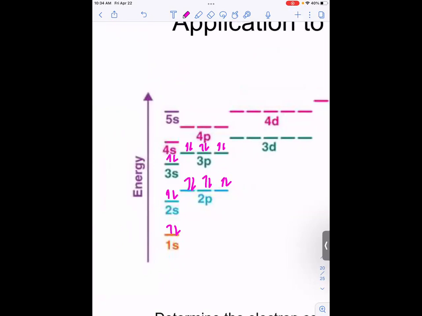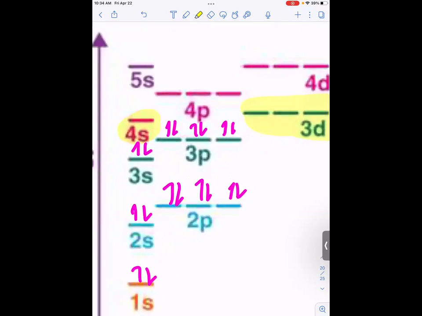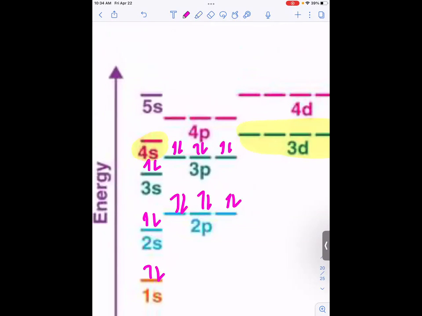And then now here's the trick, right? Because the 4s, even though it's in the 4th energy level, is lower in energy than the 3D. So we're going to put those last 2 electrons in 4s, not in 3D.